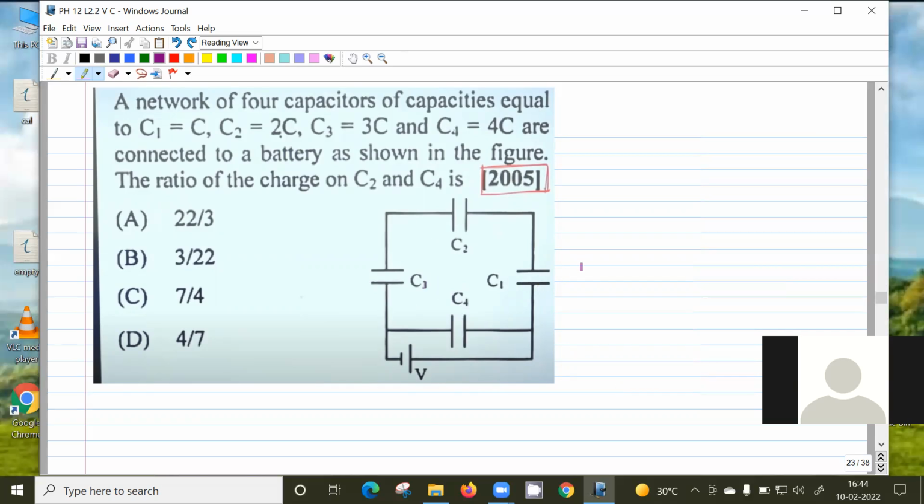C1, C2, C3, the three are in series only, sir. Yeah, these 3 will be in series. So the charge across C2 is same as the charge across this equivalent because they're in series, no? Yes, sir. So what is the charge across this equivalent and also the charge across this C4?